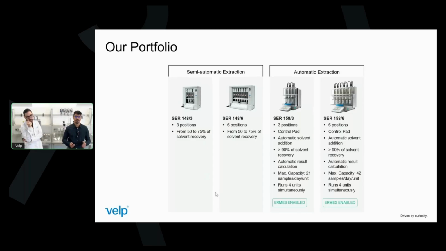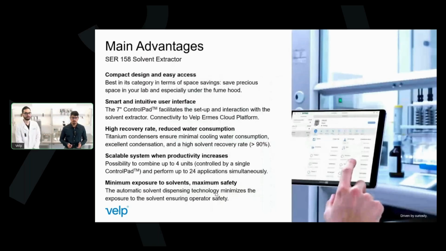On the other side, we have our automatic solution, the SER 158, in the 3 position model, as we have here, as well as our 6 position model. So which are the main advantages of our SER 158 compared to the SER 148, as well as most of the models we have on the market?